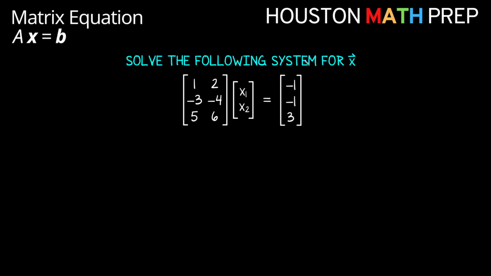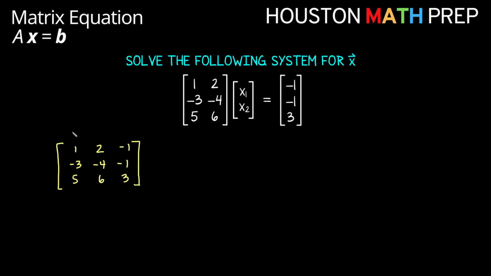Let's take a look at an example of a system in Ax equals b form, where it's asking us to solve the following system for, notice the vector x here, which means we're solving for all of the scalar multiples as we used to think of it. So if we think of our augmented matrix for this system, then our augmented matrix is going to look like 1, -3, 5 for the first column, 2, -4, 6 for the next column, and our b column over here joining as our final column, -1, -1, 3.